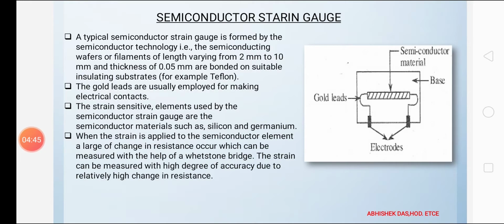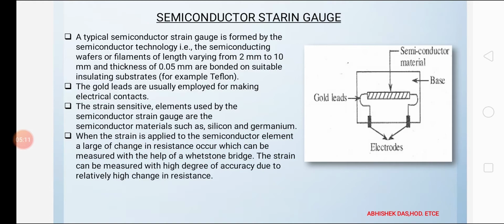Now, the semiconductor strain gauge. Semiconductor strain gauges are used where a very high gauge factor and a small envelope are required. The resistance of the semiconductor changes with change in applied strain, unlike in the case of metallic gauges where the change in resistance is mainly due to the change in dimension.